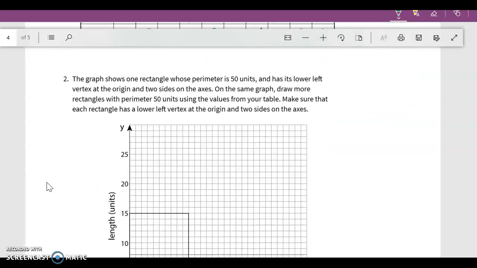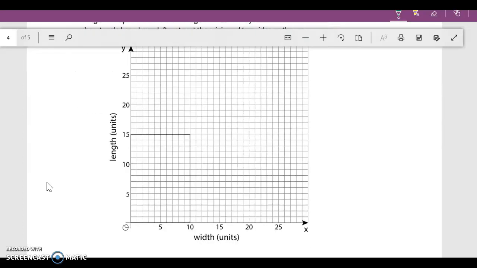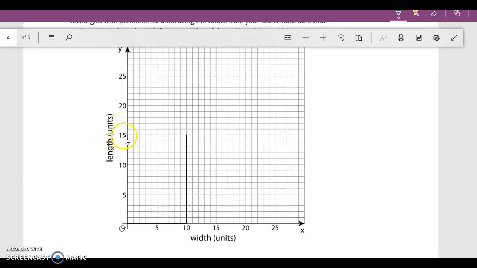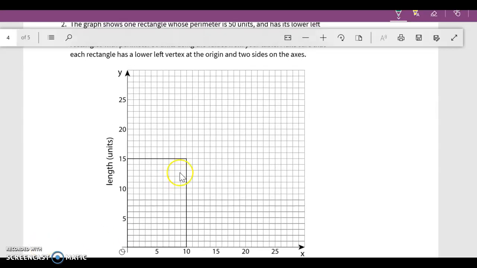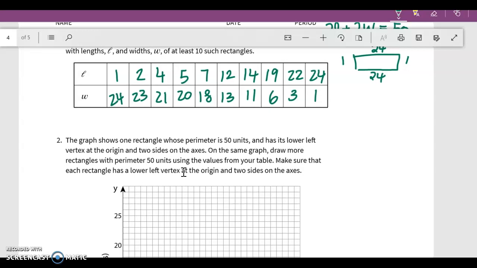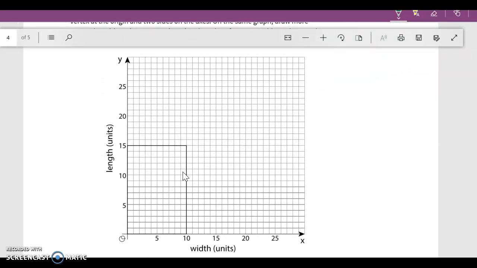So number 2 right here, we already have a rectangle. The perimeter is 50, so 15 with the length and 10 with the width. And then they want us to plot all the other points. So let's go ahead and plot all the other points right here. Starting with L is 1, width is 24. So this is the length, L, and width.